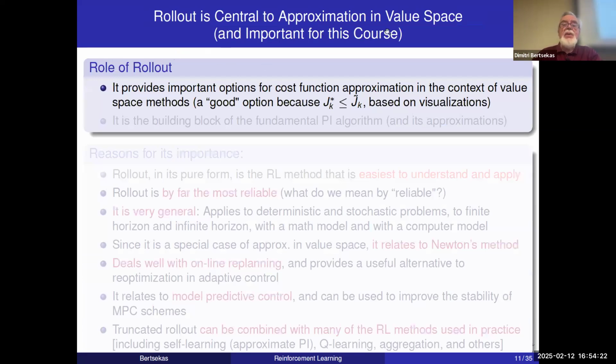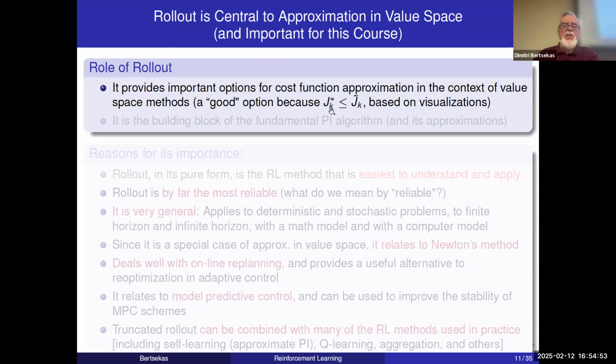So rollout is going to be central for our course, and it's also a very important concept in approximation in value space. The reason is that it provides important options for cost function approximation in the context of value space methods. If you look at these figures around Newton's method, you'll see that generally approximations of J star from above, larger approximations, are better than approximations from below.